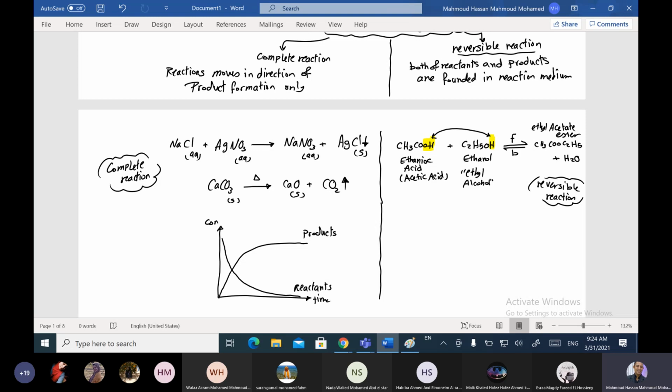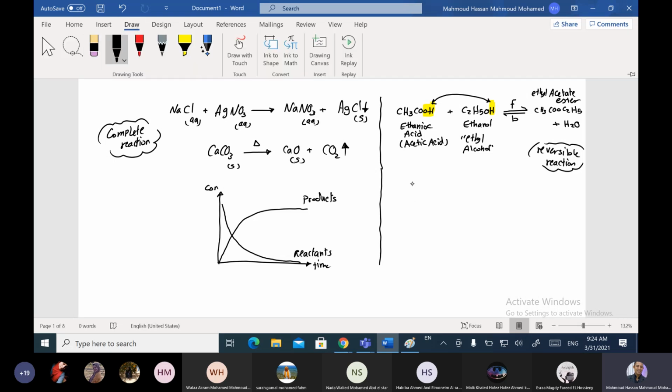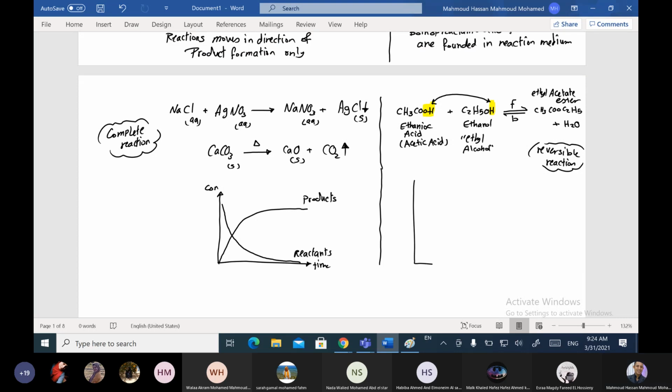In the case of a reaction at equilibrium, or reversible reaction, between the concentration and the time, you will find that the reactant decreases until it reaches equilibrium, and we can determine the equilibrium from the graph when it becomes parallel to the x-axis.